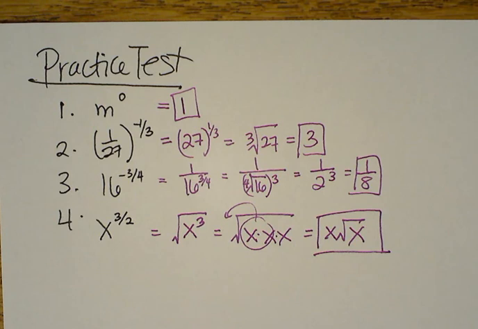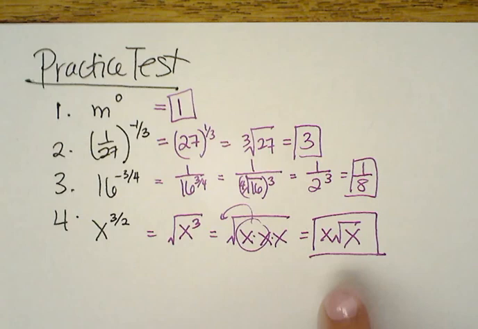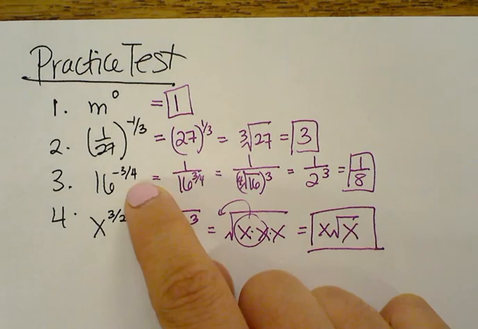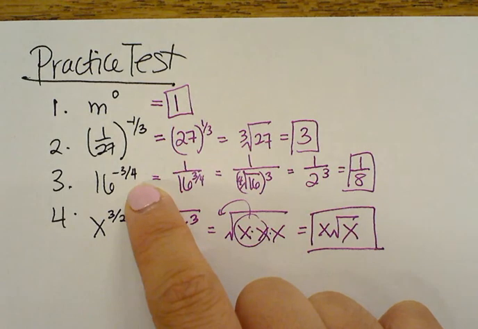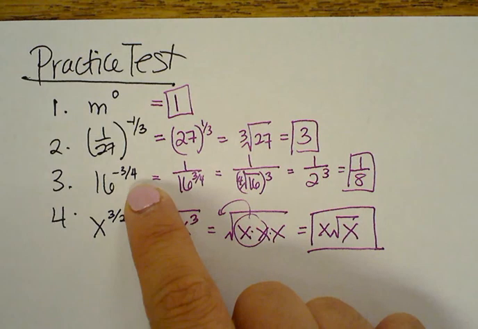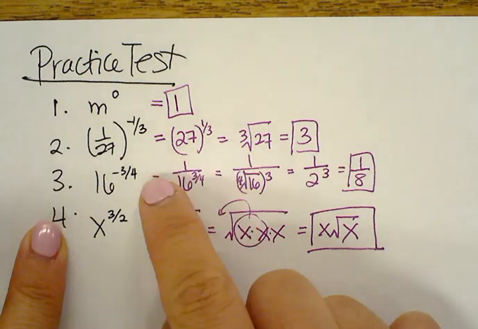Okay, do you need me to explain any of these? Number 3. So the negative exponent, I'm going to deal with the negative first. The negative exponent means 1 over, so you put it under 1. So 1 over 16 to the 3/4.